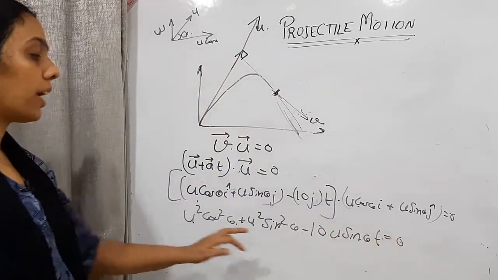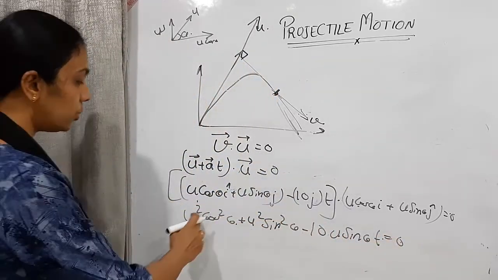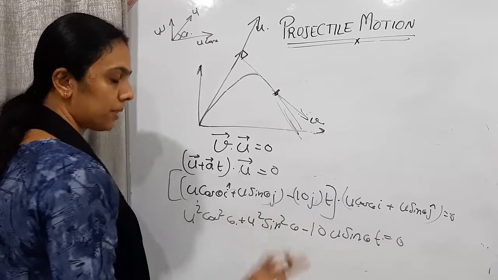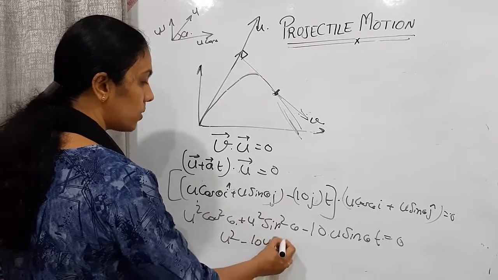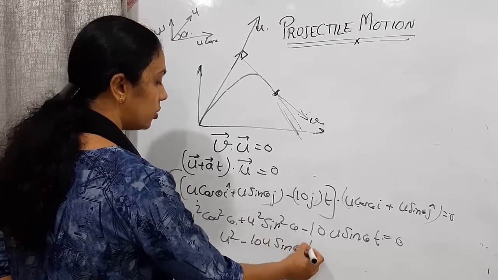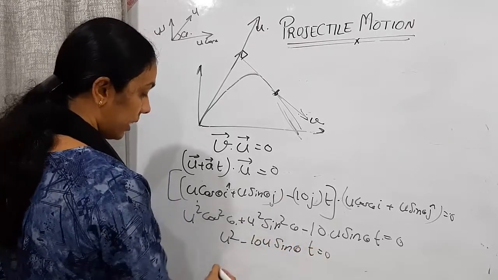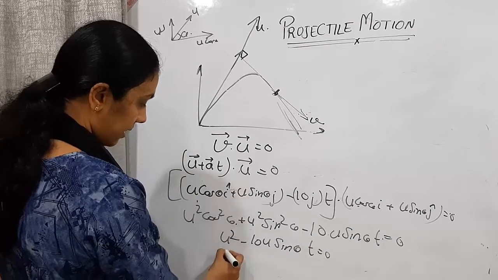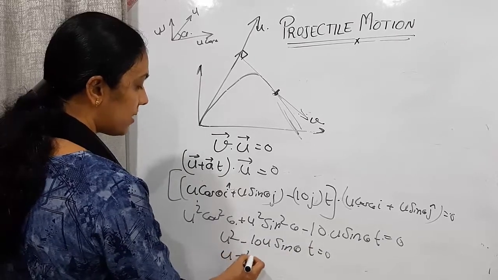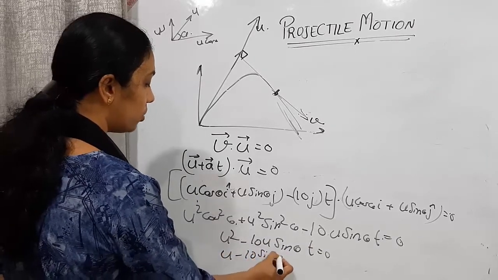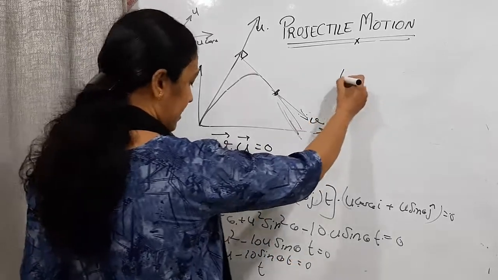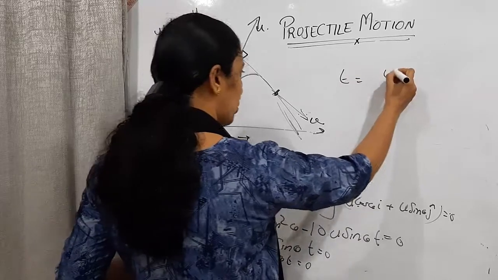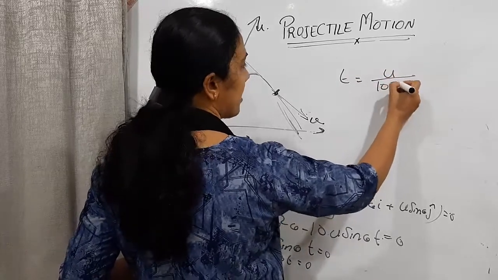From here we need to find t. Here u square is common, cos square theta plus sin square theta equals 1. Therefore, u square minus 10u sin theta into t equals 0. Therefore, u minus 10 sin theta into t equals 0. Therefore, t equals u by 10 sin theta.